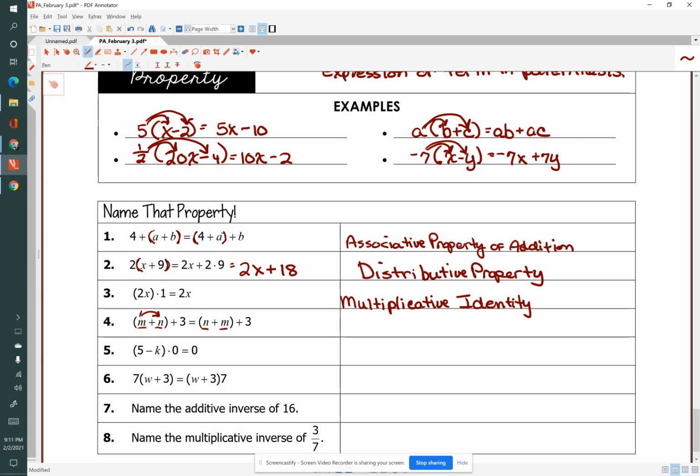They just switched places, and that's the commutative property of addition. In number 5, we have 5 minus k as a quantity times 0 equals 0. Of course, that's the zero products property.